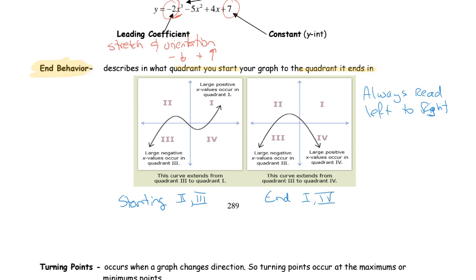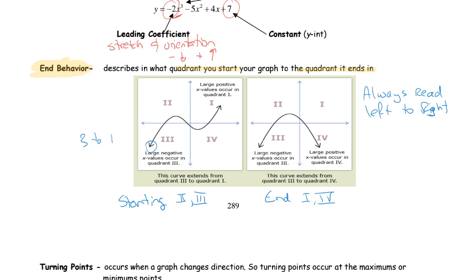Now, that doesn't mean that it couldn't wander through other quadrants here, but we're talking about if you go really, really far left or right, where are they? So, for example, in this first one, this one clearly starts in quadrant 3. Now, granted, it goes up into quadrant 2, it dips down into quadrant 4, but then it's going to end in quadrant 1.